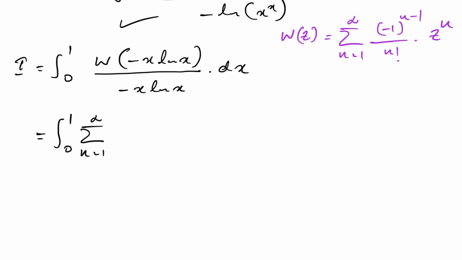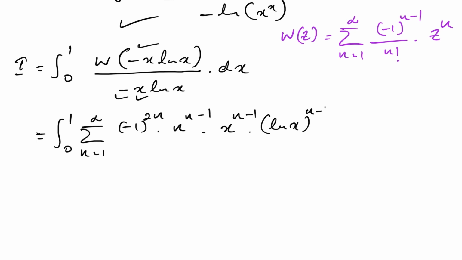Now minus 1 to the n minus 1, here also we have a minus sign, so we have minus 1 to the 2n, times n to the n minus 1, then x to the n minus 1. Here also we have x, so then natural log of x raised to the again n minus 1 over n factorial, dx.